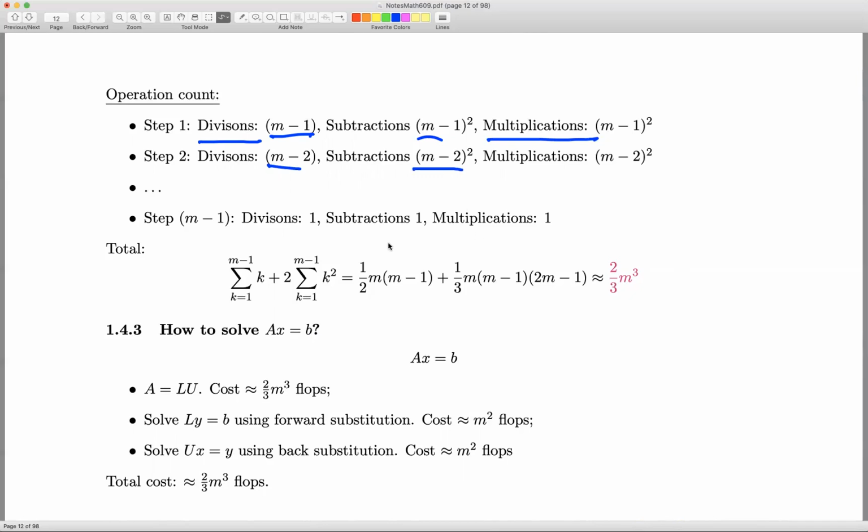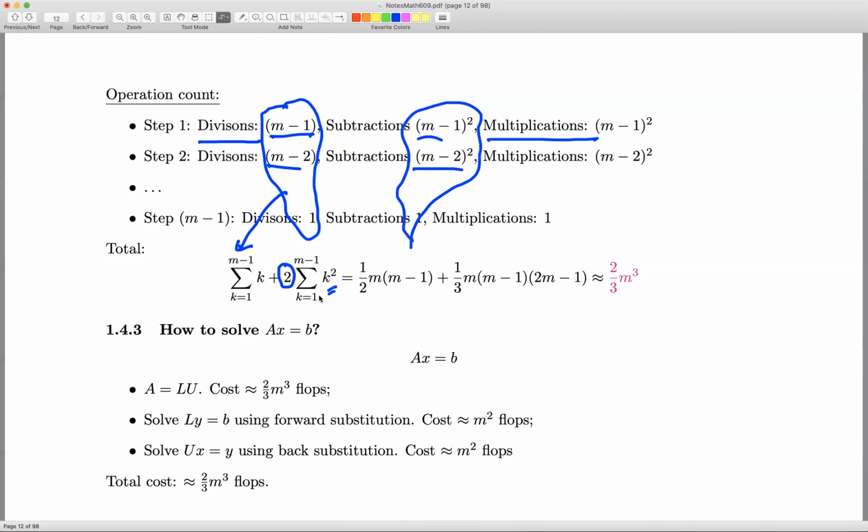And then if we decide to add all of them up, we will have the sum of 1 to m-1 divisions, which contributes to this sum. And then the number of subtractions and multiplications will be the same. So this is 2. And then we'll have the sum of 1 plus 2 and so on up to m-1 squared.